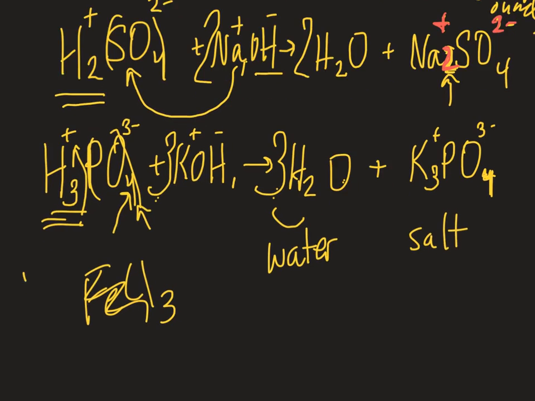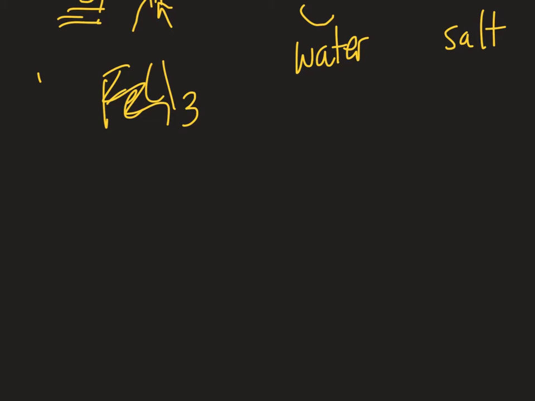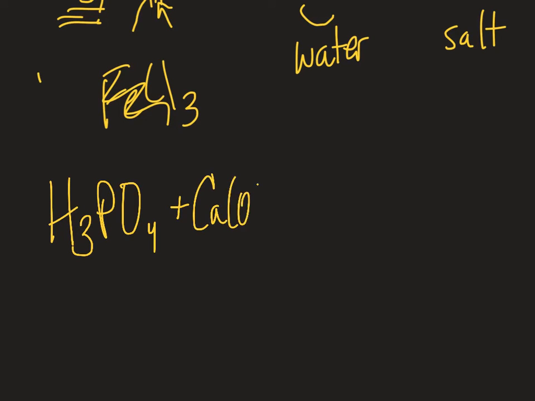Now, I'm going to do one more example, probably the hardest you might ever face. What if I took that same acid, H3PO4, phosphoric acid, but I reacted it with a base which has 2 hydroxides? This is neither a simple one-to-one relationship nor even a solvable one where you only put one coefficient.